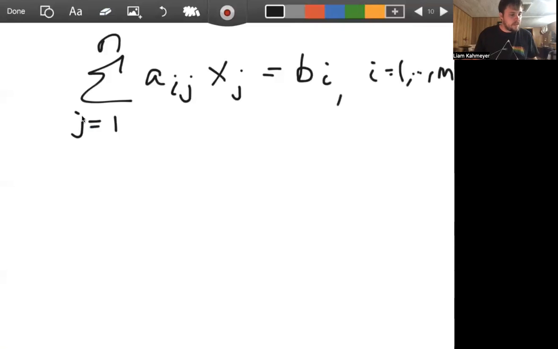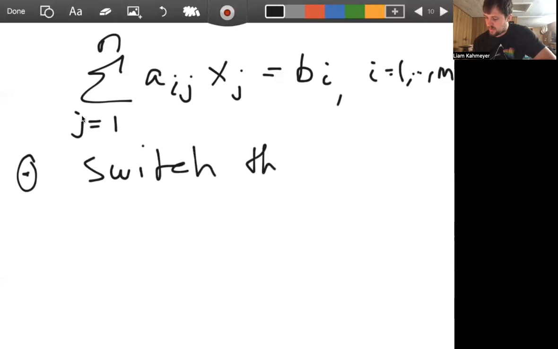So what we can do to a system of equations is, well, first, we can switch the order.